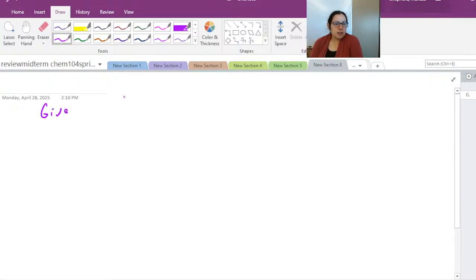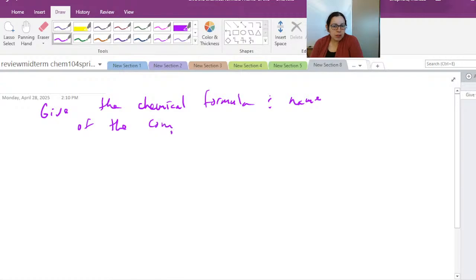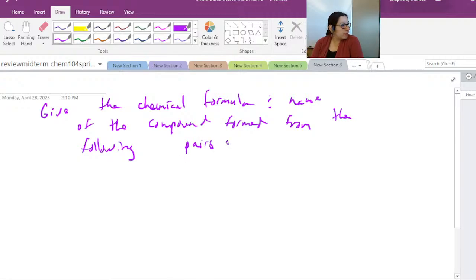So it says, give the chemical formula and name of the compound formed from the following pairs. And so again, this is how it's phrased on the test. So chromium 3 and phosphorus.